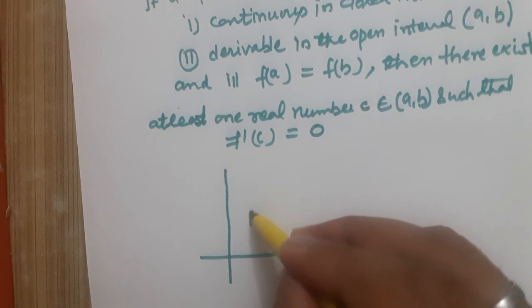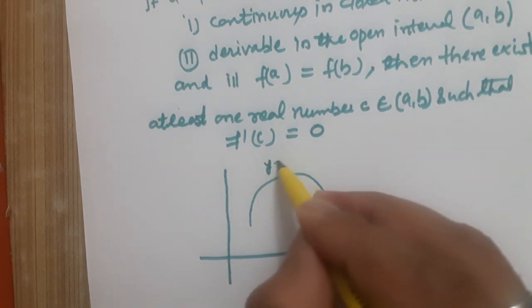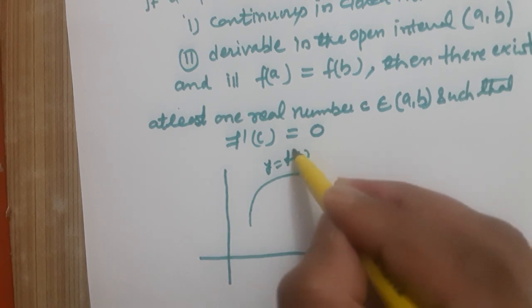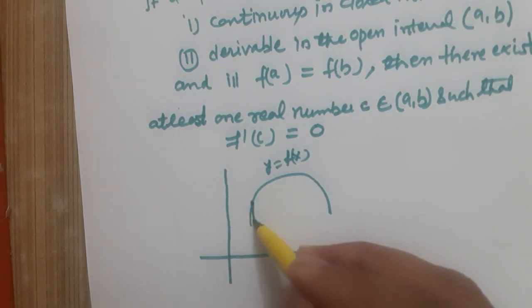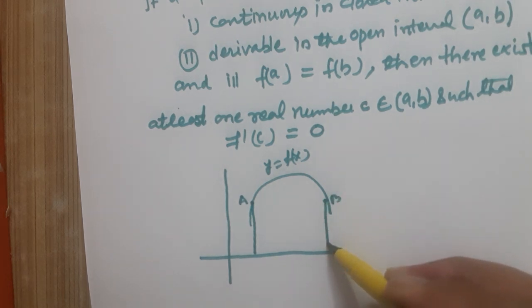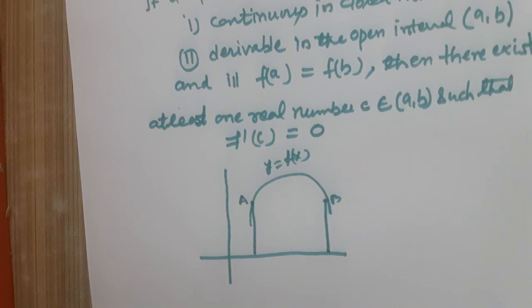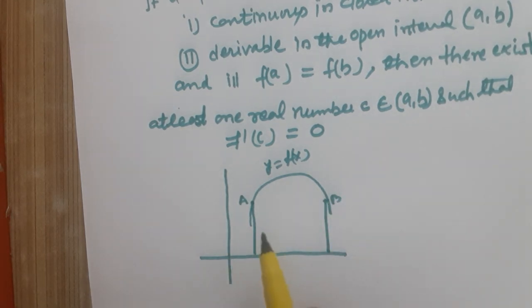Here is a curve y equal to f(x). So let's take A and B points. I will take A point here and B point here, on the curve y equal to f(x) corresponding to the real numbers A and B respectively.